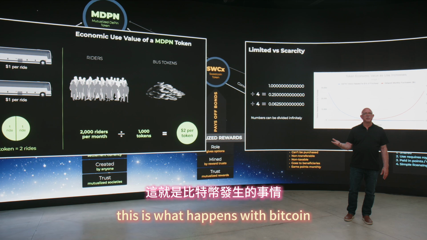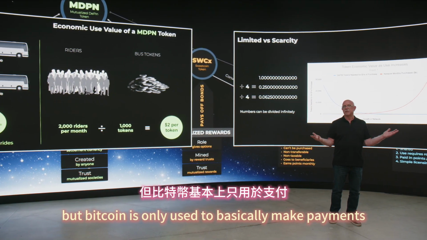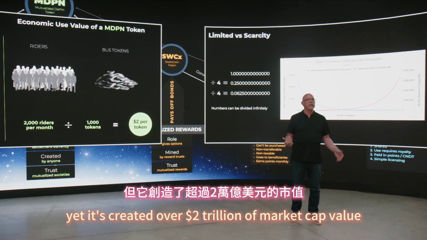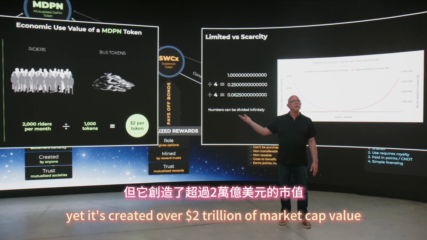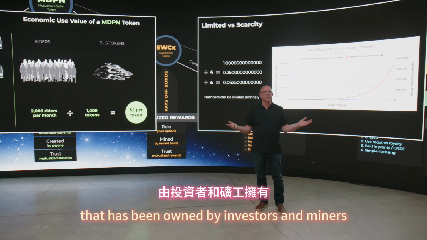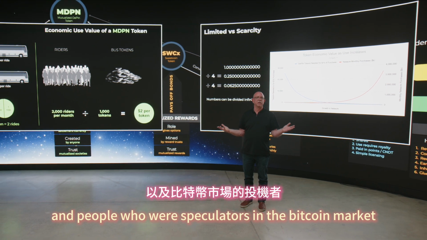This is what happens with Bitcoin, but Bitcoin is only used to basically make payments. That's its only economic use value. Yet it's created over $2 trillion of market cap value that has been owned by investors and miners and speculators in the Bitcoin market.